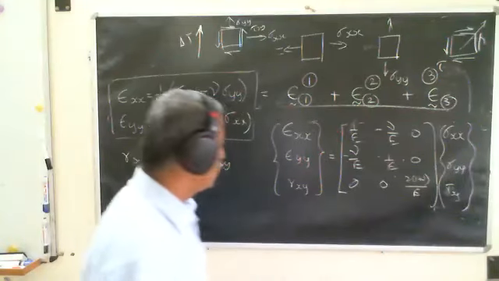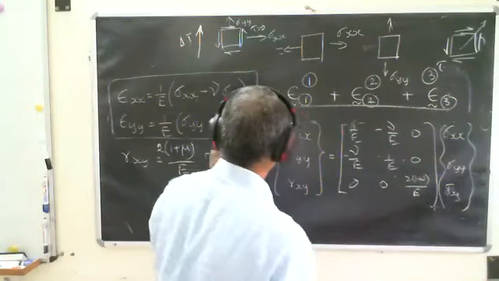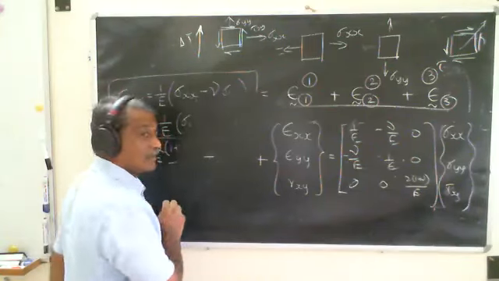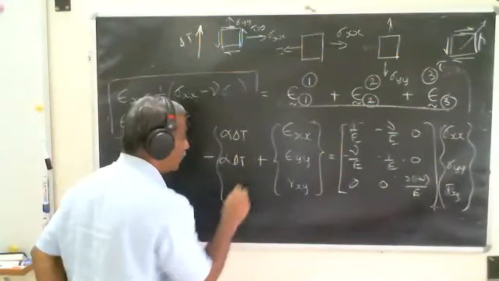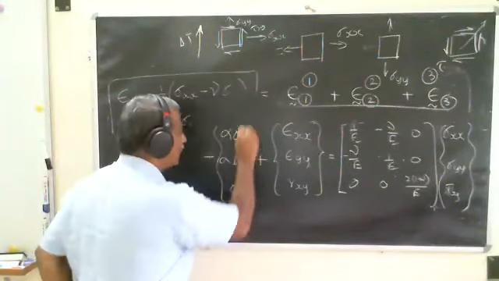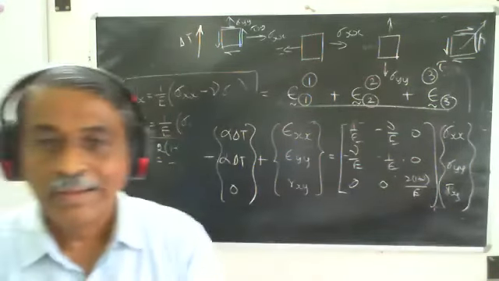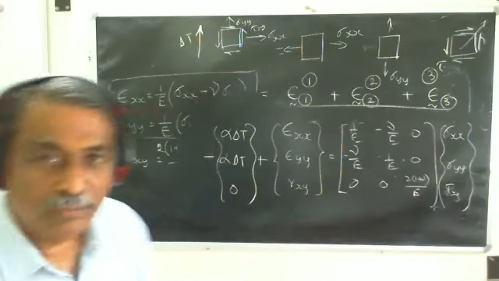Now tell me, Sharath, I'll put it as minus, so that I have sufficient space here. Minus alpha delta T, alpha delta T, 0. Fantastic. Good, Sharath. So I now know what to do with temperature.